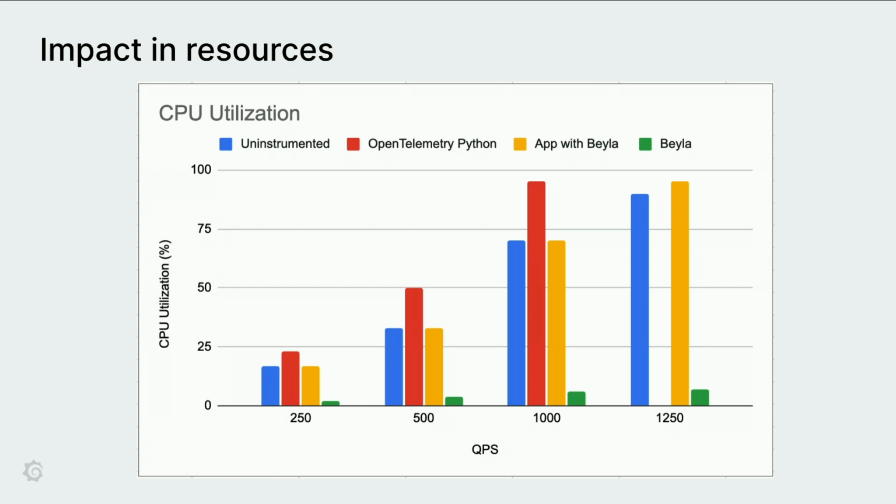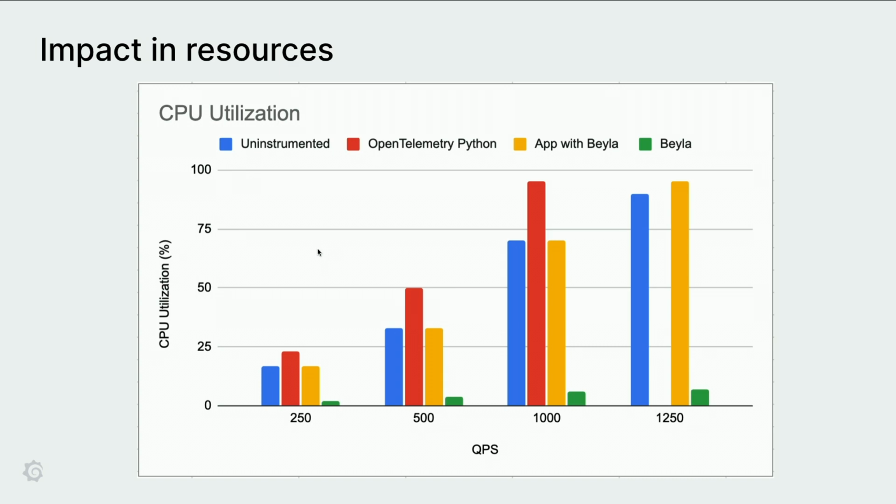Also, we measured the impact in terms of CPU consumption. Those are the three services: the uninstrumented service, the CPU consumption of the manually instrumented service with the OpenTelemetry SDK, and the application with Beyla. You can see that with the application with Beyla, the CPU consumption is often close to the consumption of the uninstrumented application.